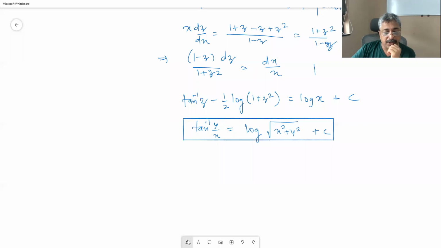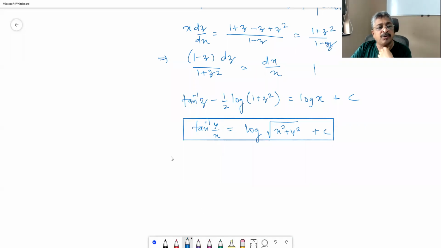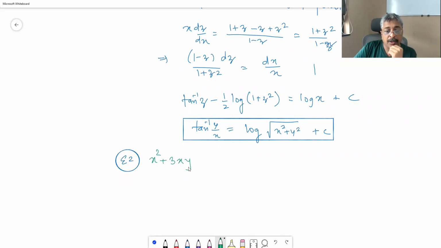Okay, example second. The same trick is going to work. The only thing is that you have to identify that it is a homogeneous equation in x and y. Very simple. Example 2: (x square plus 3xy plus y square) dx minus x square dy is equal to 0.